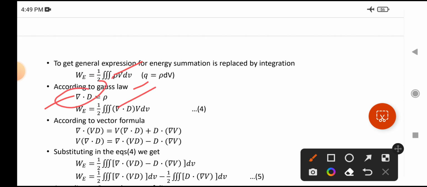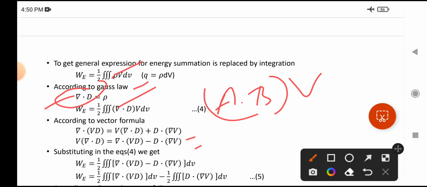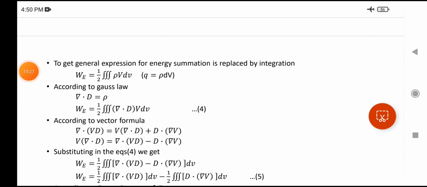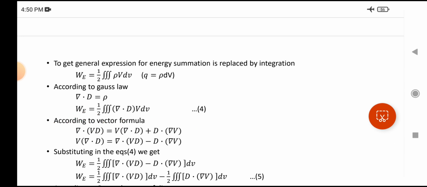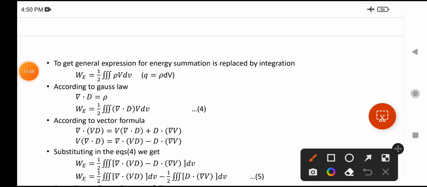Now there is a vector formula: del dot (V D) equals, first write V outside and del dot D, next plus, write D outside del V. Once again, first write V outside and del dot D, next write D outside and del V.